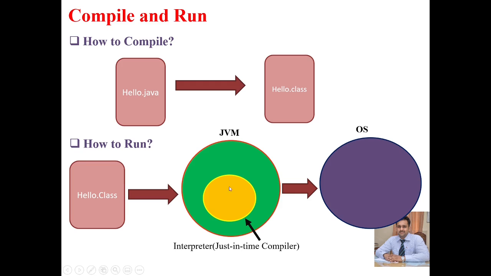At that time it reads the second line from this .class file, translates it and stores it. After that it goes to the third line from this .class file, reads that third line and stores it, and it continues to repeat this cycle till the operating system acknowledges.